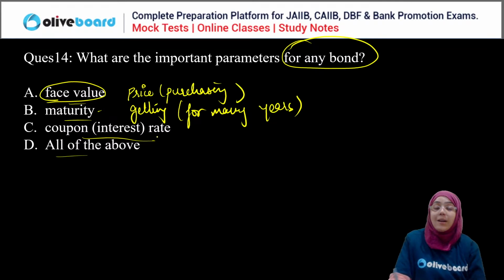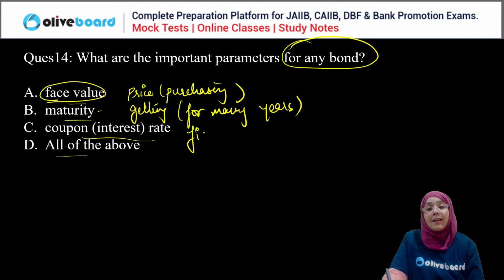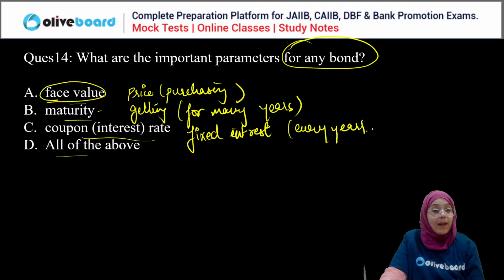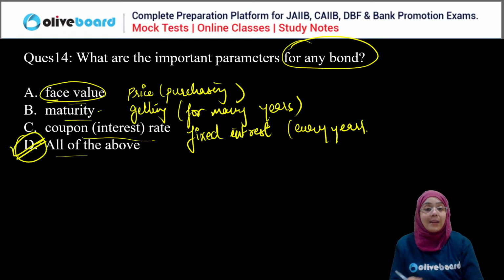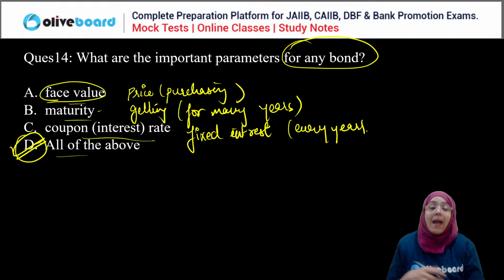Coupon interest rate is the fixed interest you are getting every year as a regular income, right? So if we talk about the important parameter for any bond, when I am going to invest in any bond, I will see the face value, I will see the maturity, I will see the coupon interest rate also. So the correct answer for this question is D.